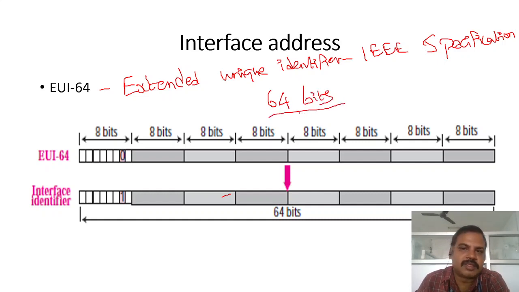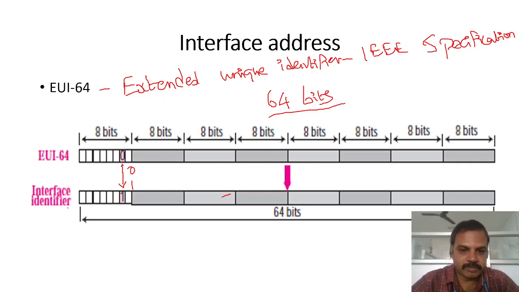The original MAC address, the physical address, is 48 bit, and we stretch it to 64 bit by adding 16 extra bits. But EUI is by default 64 bit. It is another physical address equivalent to the Ethernet address. Here we are doing only one change. The 7th bit, as I told earlier, is by default 0. We change it to 1. Then this new number becomes the interface identifier. By using these two ways, we can derive the interface identifier for a system.